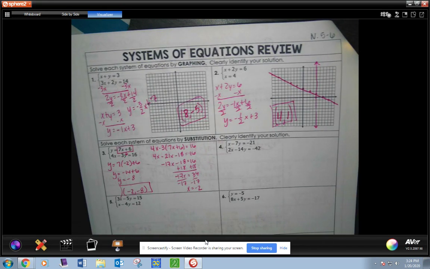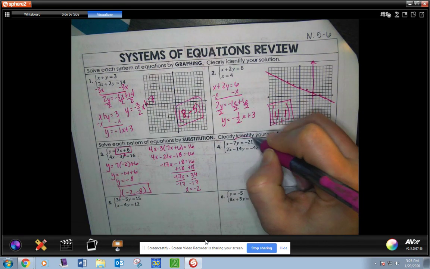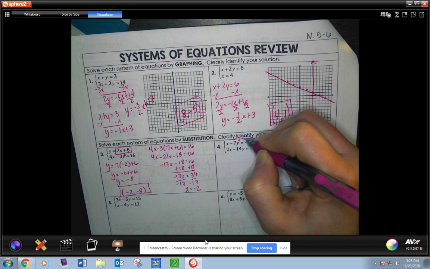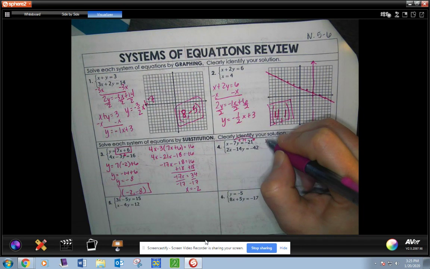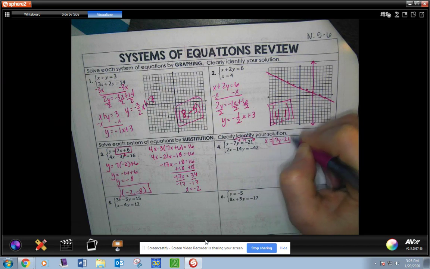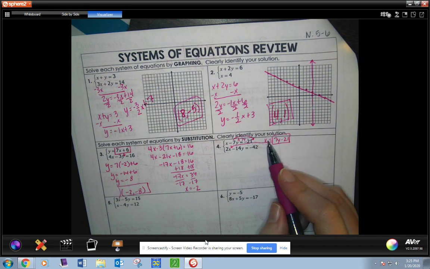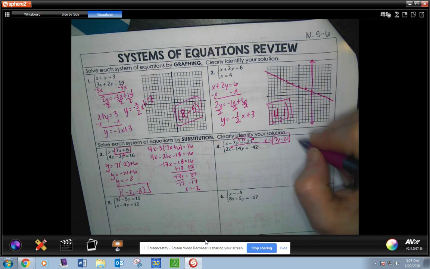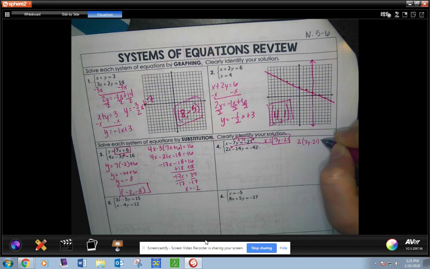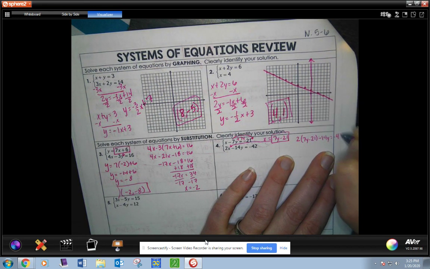Okay, for number 4, the x is the letter that doesn't have something with it. So I need to get this onto this side. That means I need to plus 7y. This becomes x equals 7y minus 21. I'm going to box that, and it plugs into the x in the other equation because x is the outside letter. This becomes 2 parentheses 7y minus 21 minus 14y equals negative 42.